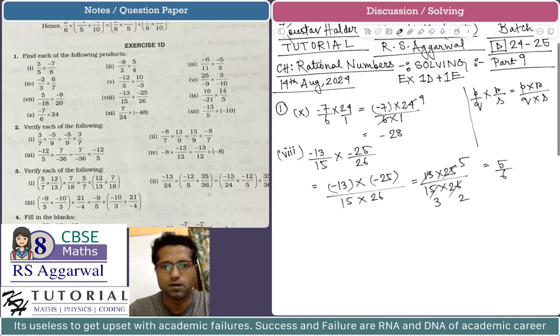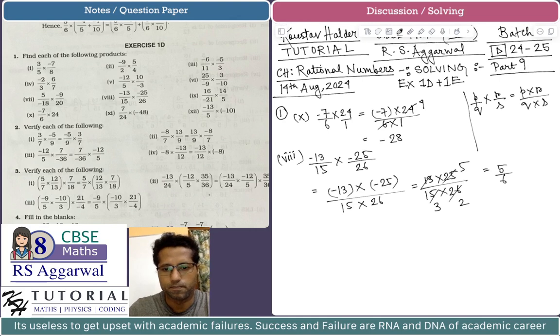Let's do part 6, which is 25 by minus 9 multiplied by 3 by minus 10.